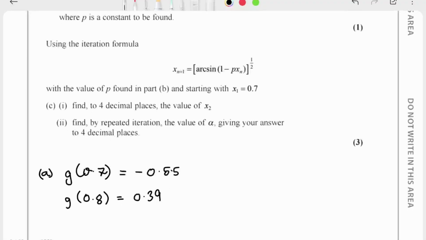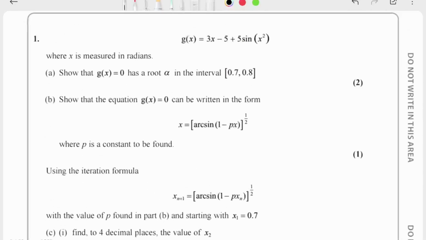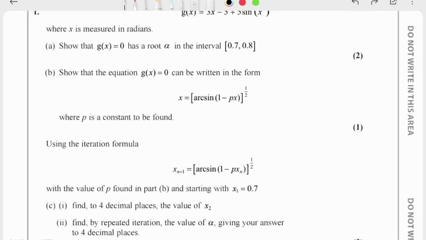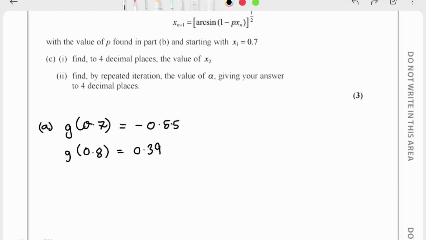So we can see that the sign changed, right? And since we can just look at the equation and understand that the function is continuous, we're going to write exactly that.